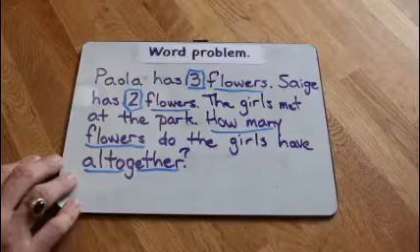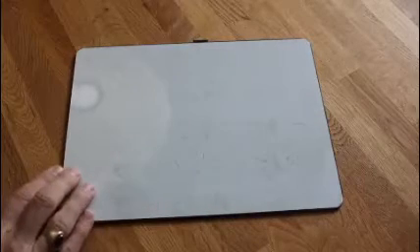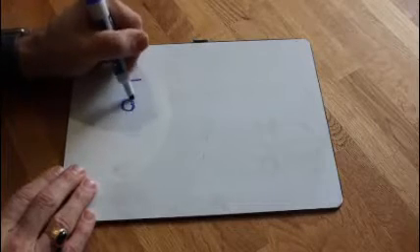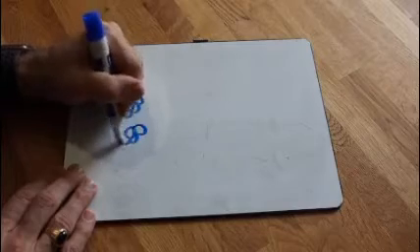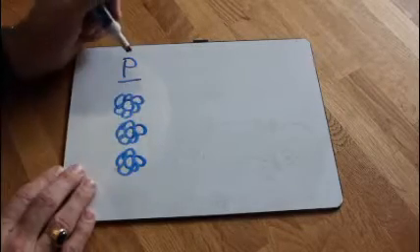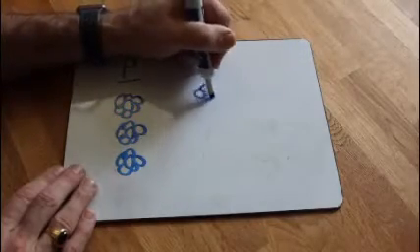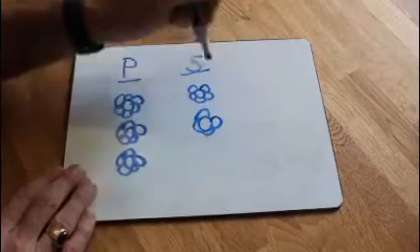So we can do this now by using that important information, and let's draw a quick picture. So if we remember, Paula had 3 flowers. So here's Paula. Let's get her 3 quick flowers. 1, 2, 3. And Sage had 2 flowers. 1, 2.